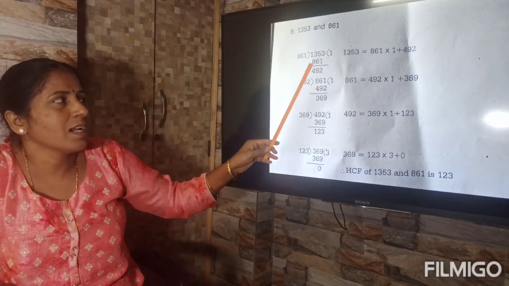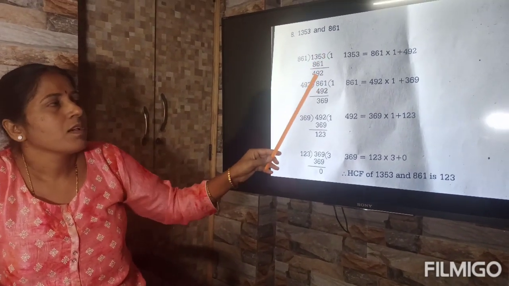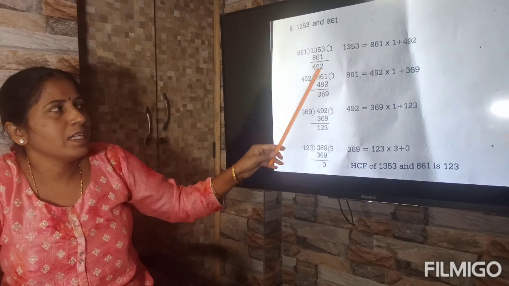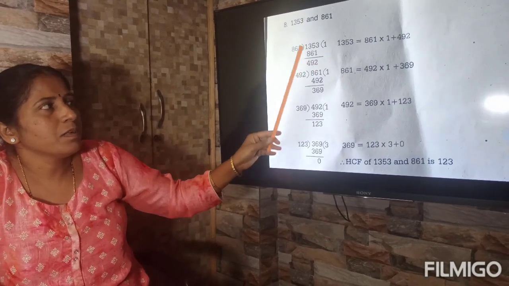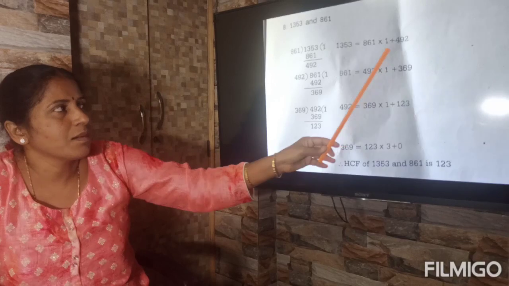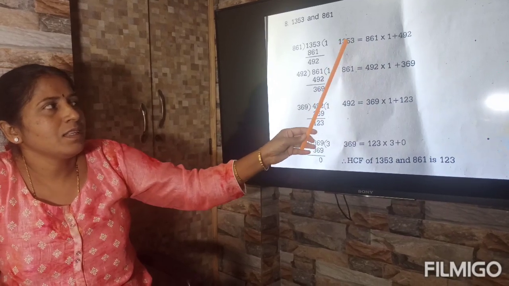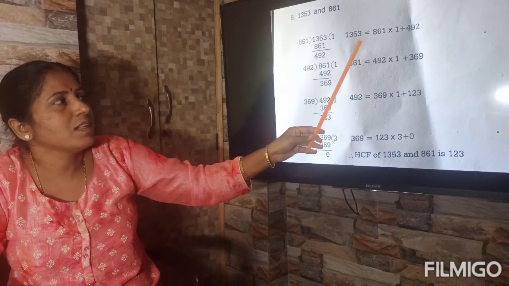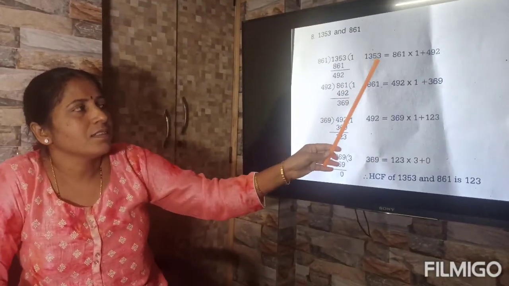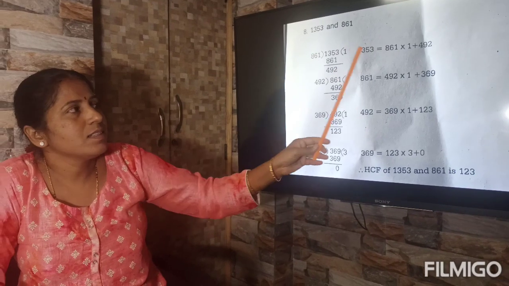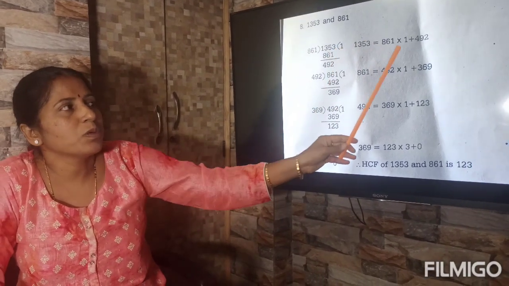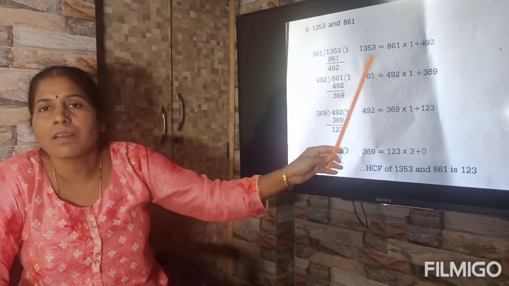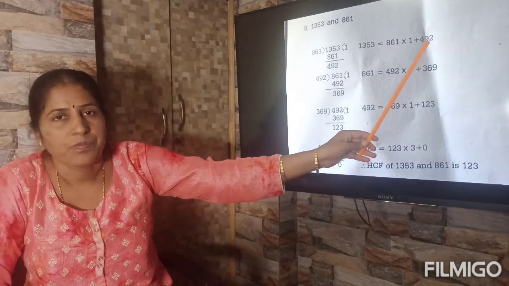By subtracting 861 from this number, we will get 492. This step I have to write as a division lemma: 1353 is the dividend, that is equal to divisor 861 into quotient 1 plus remainder 492.